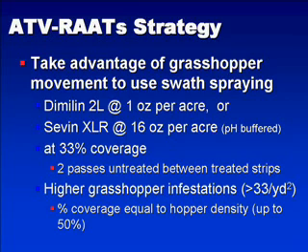It's important to realize that for higher grasshopper infestations we might have to up the coverage of the treatment. The rule of thumb is that the percentage of coverage should be equal to about the grasshopper density, up to about 50%. So if you have more than 33 grasshoppers per square yard, you might want to utilize more coverage than the 33% we just talked about.